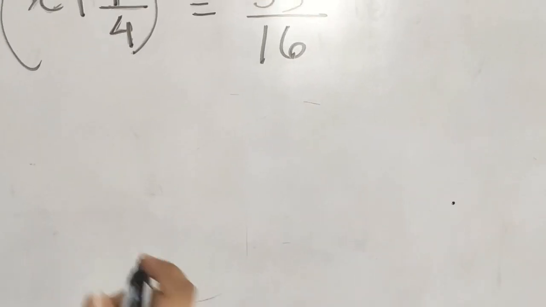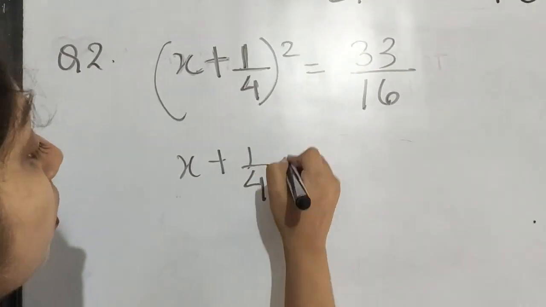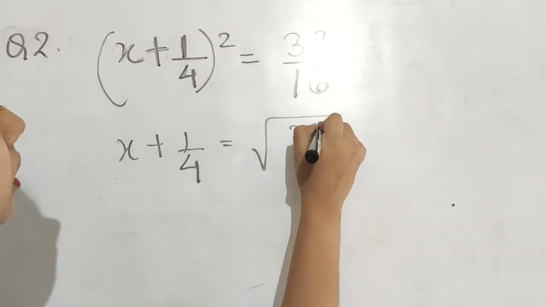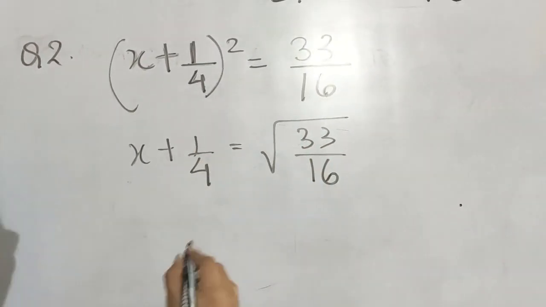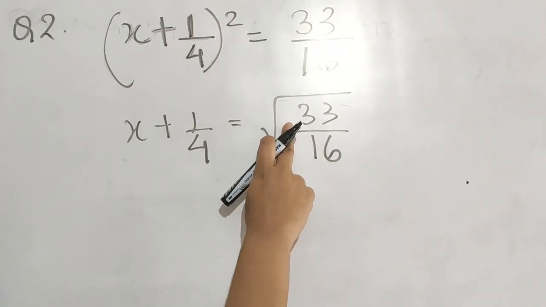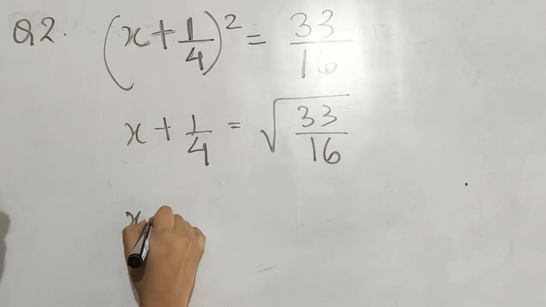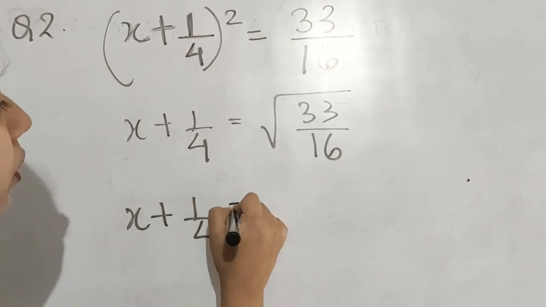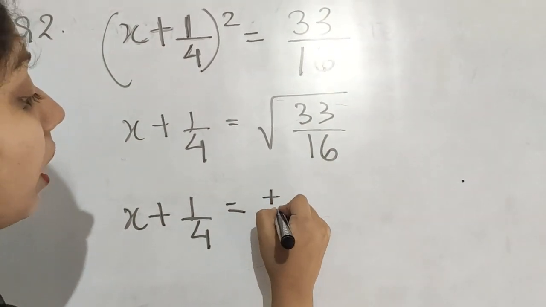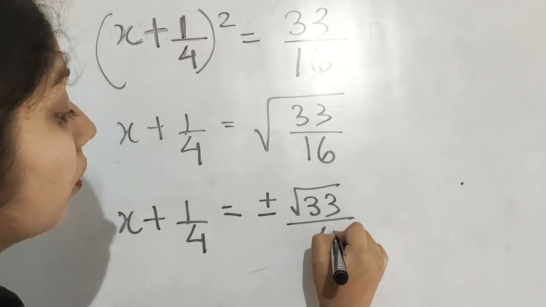Let us remove the square over here. So this will be x plus 1 by 4 equals square root of 33 upon 16. Over here root of 16 is 4, but we do not have a perfect root of 33, as 33 is not a perfect square. So this will be x plus 1 by 4 equals plus minus root 33 upon 4.